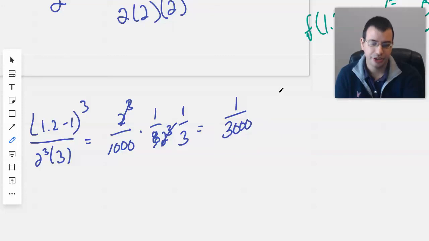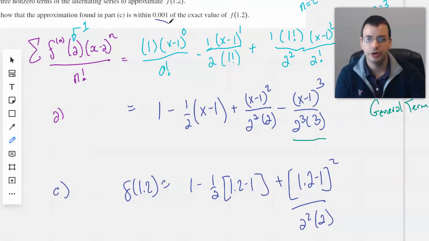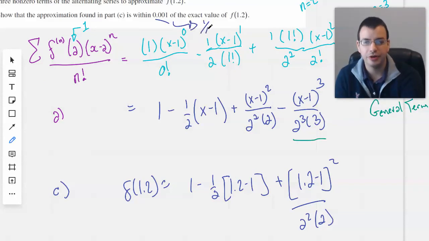So what this tells us, and the value they had was 0.001, that's 1 over 1,000.